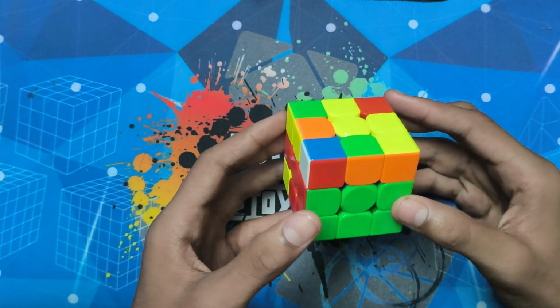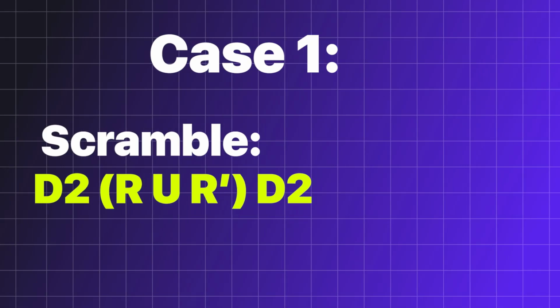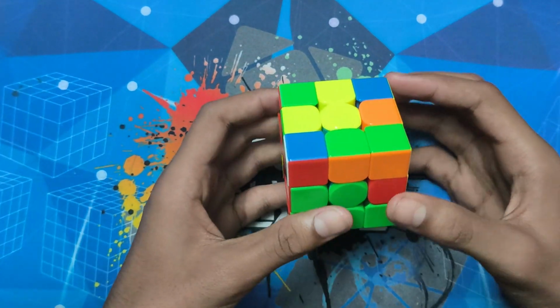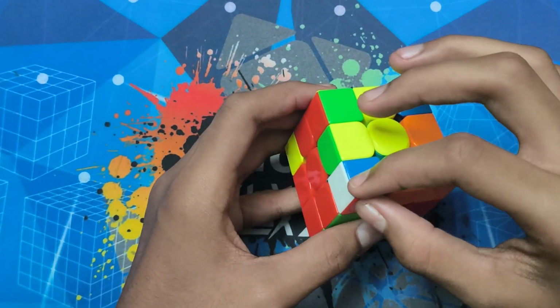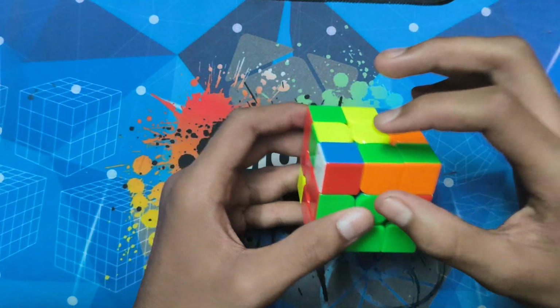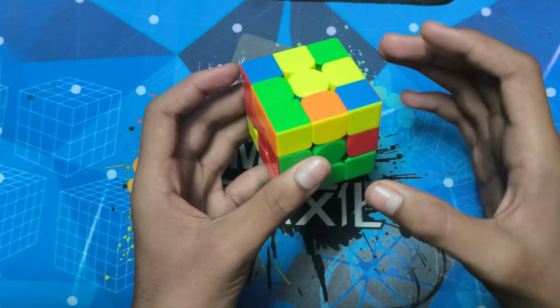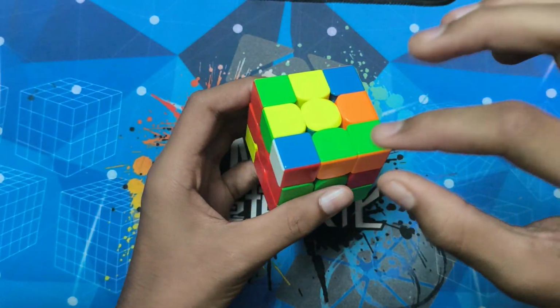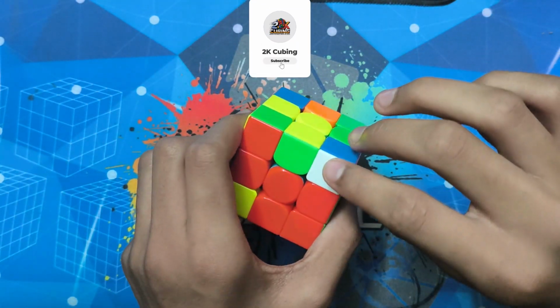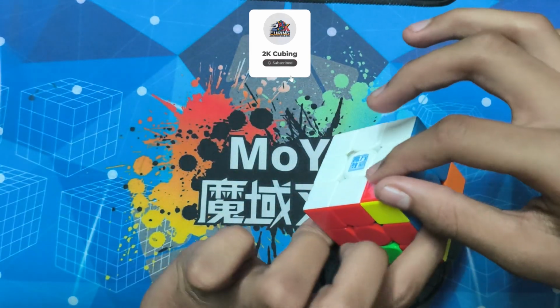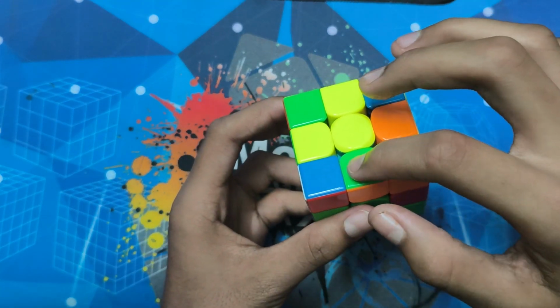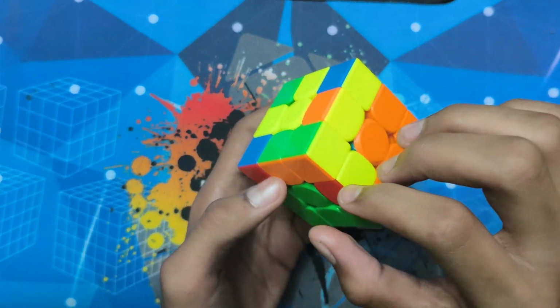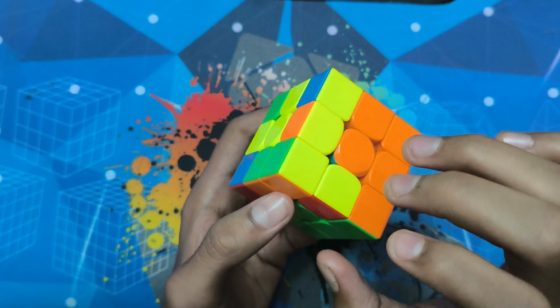Now let's see the example cases. So in the first case of opposite slots, we have this already paired up pair in the front, or it may be in any sides of the cube, like so. So the red, blue and white corner should go back here, and the green and orange edge should go right in between the orange and green.